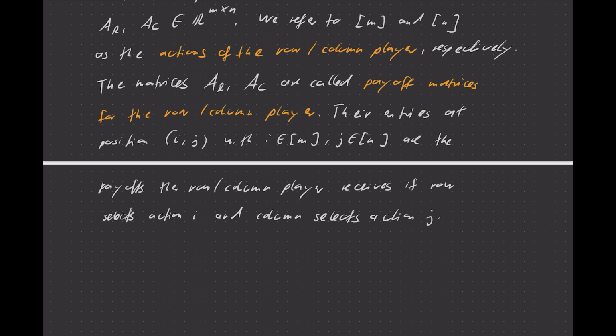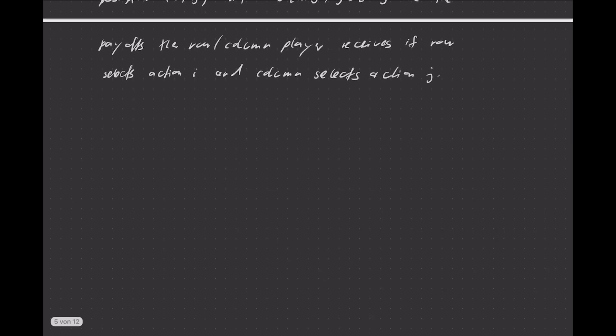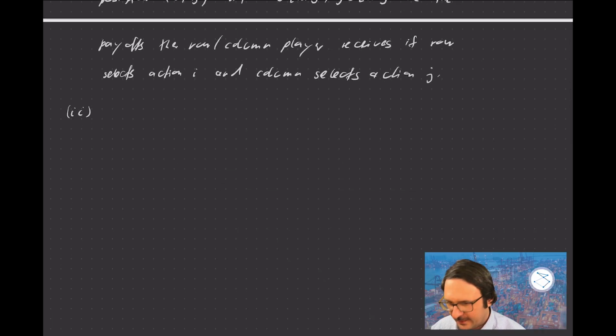And this specifies the setup of the game. Now there's two more things that I'd like to define. The first one is what is called a strategy or a strategy set. Basically, the strategy for one of the players is to select one of the possible actions. That's the basic idea.